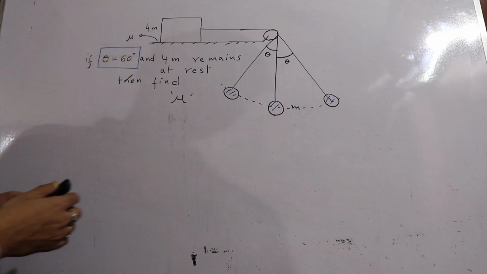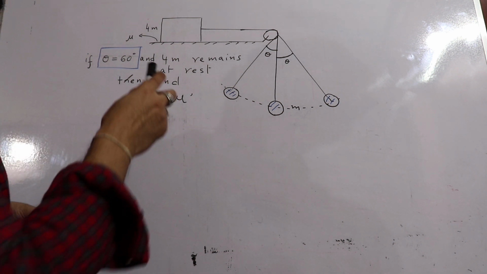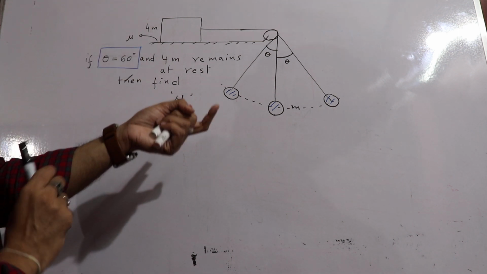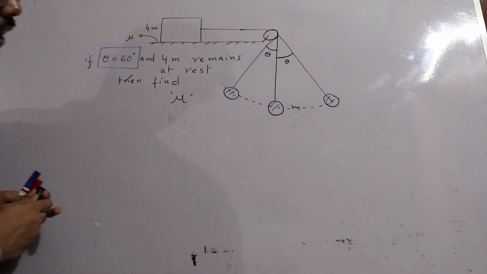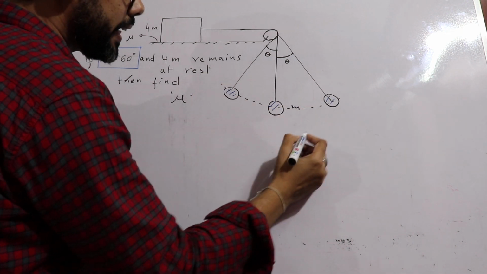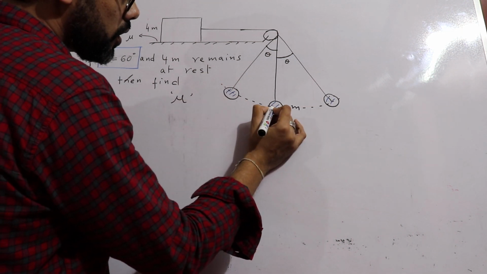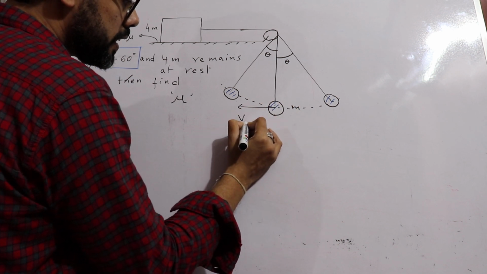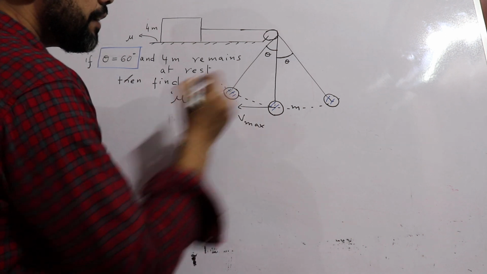First and foremost, when a pendulum oscillates, where in its whole trajectory is the velocity maximum? If the pendulum is swinging from here to here, the velocity is maximum here. So this is Vmax.